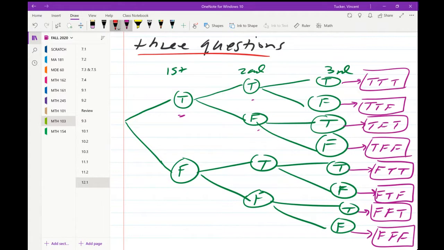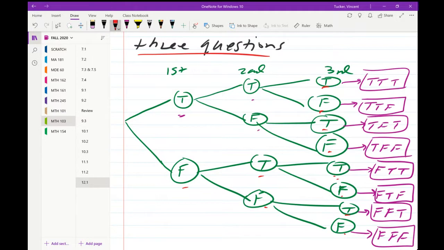Third question, true and false. And then coming from false, I do it again for true and false. So if I answer false first, from false I go true, false, from the true to true, false, and then from the false, true, false.